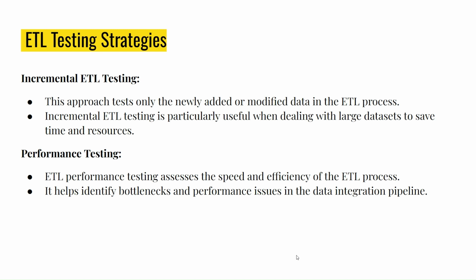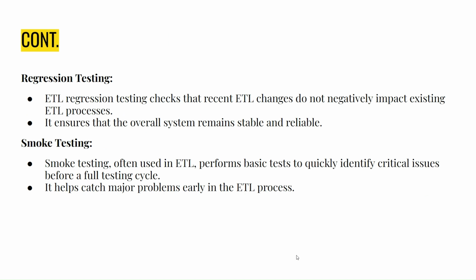The second one is performance testing. Performance testing assesses the speed and efficiency of the ETL process. It helps to identify the bottlenecks and the performance issues in the data integration pipeline. The third one is regression testing. It checks the recent ETL changes and makes sure that there is no negative impact on the existing ETL process.